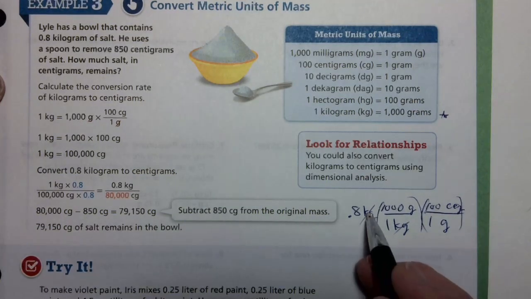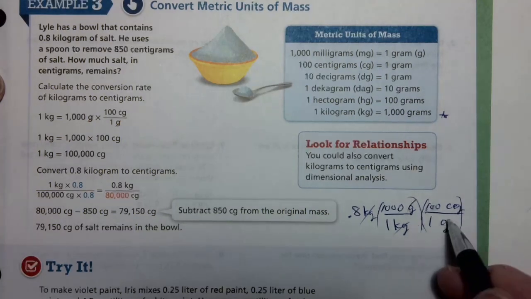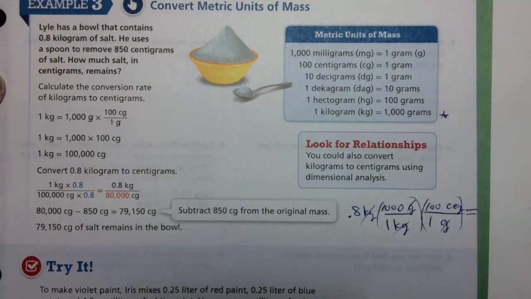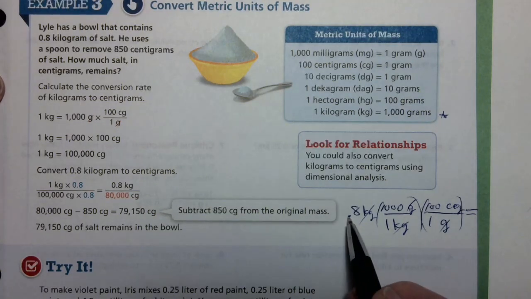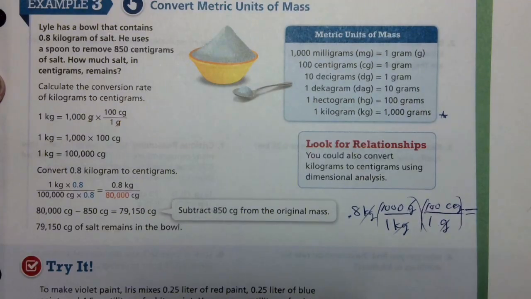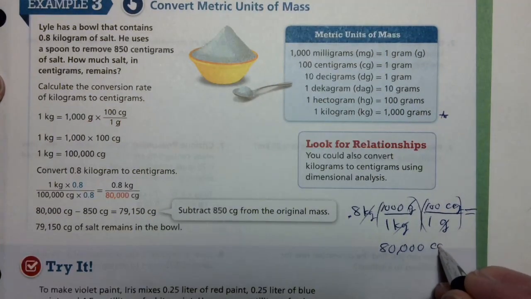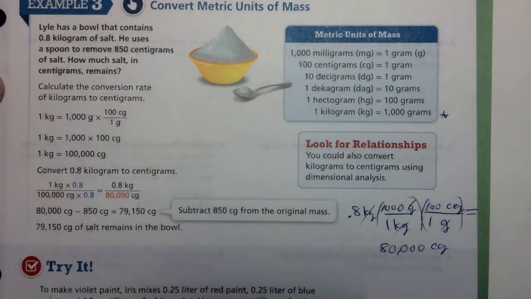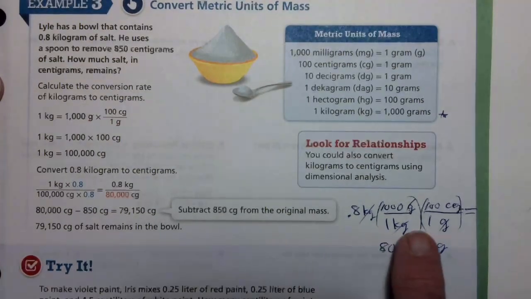Now I've gone from kilograms to grams, and then grams to centigrams. Now, if you have a calculator, just sit down and punch this in. I want 8/10 times 1,000 times 100. And when you do that, you end up with 80,000 centigrams. And I like this all in one row like this.